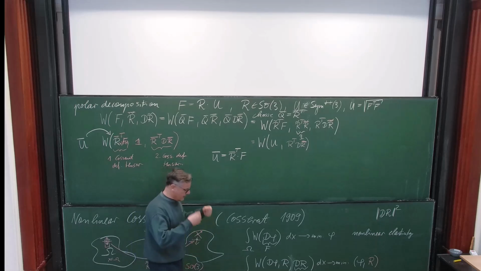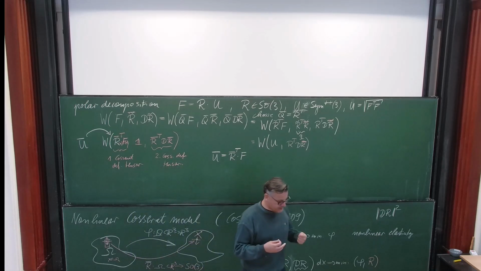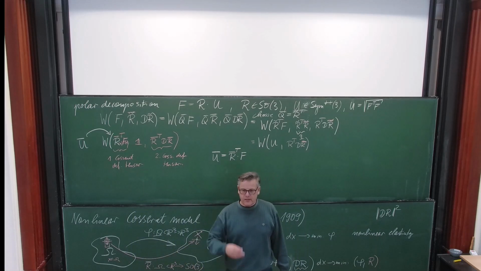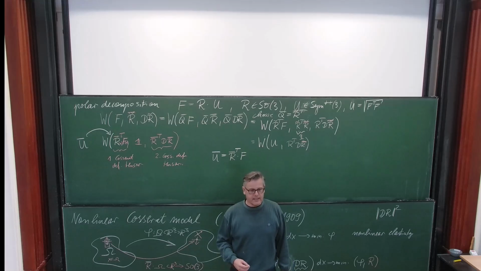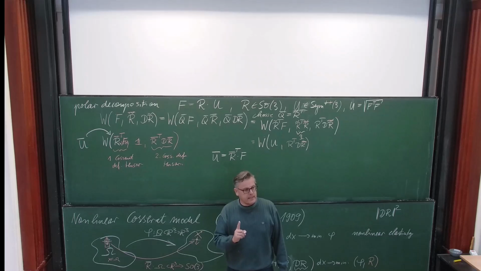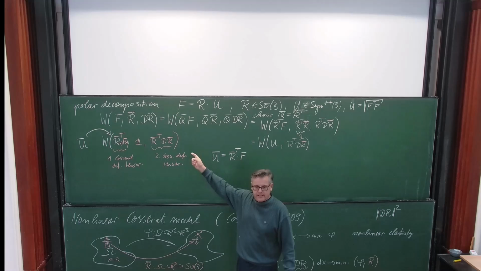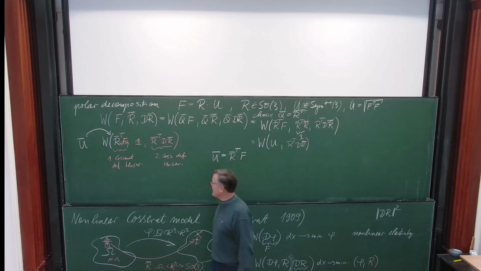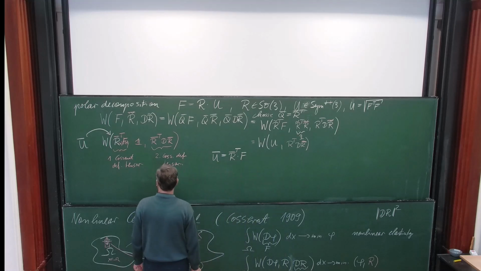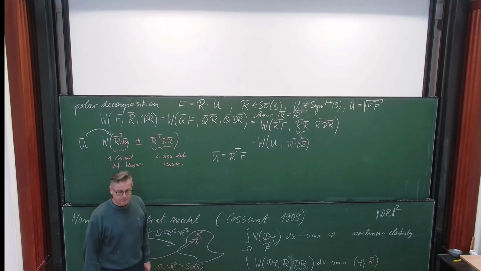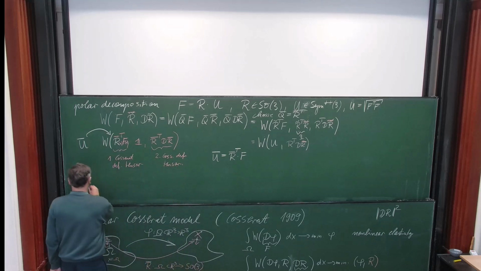So now, in order to be sufficiently specific, we choose the most simple energy that we can imagine, having in mind that the model is still automatically nonlinear, because we have used geometrically exact objects. So the best thing you can think of is a quadratic energy.